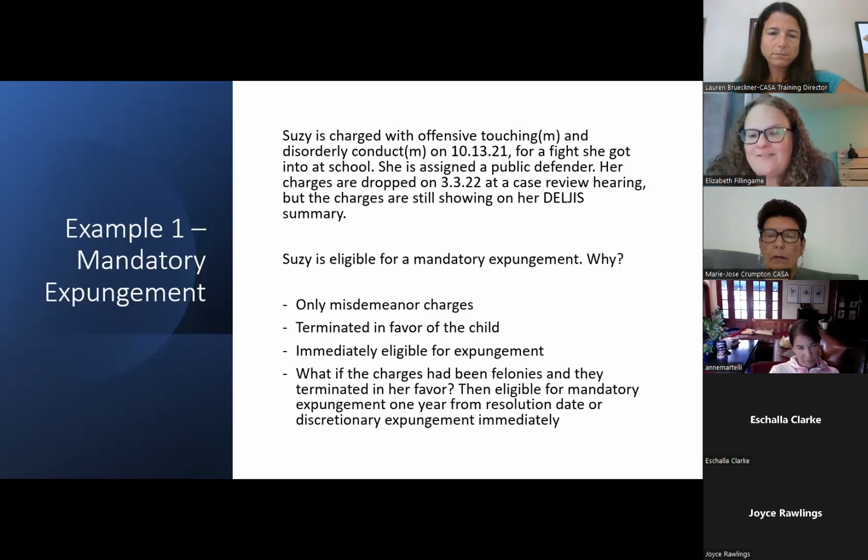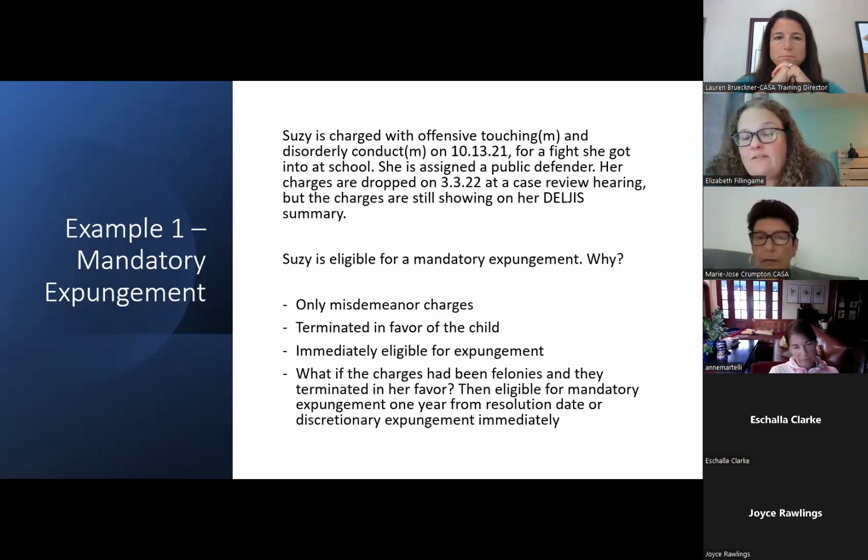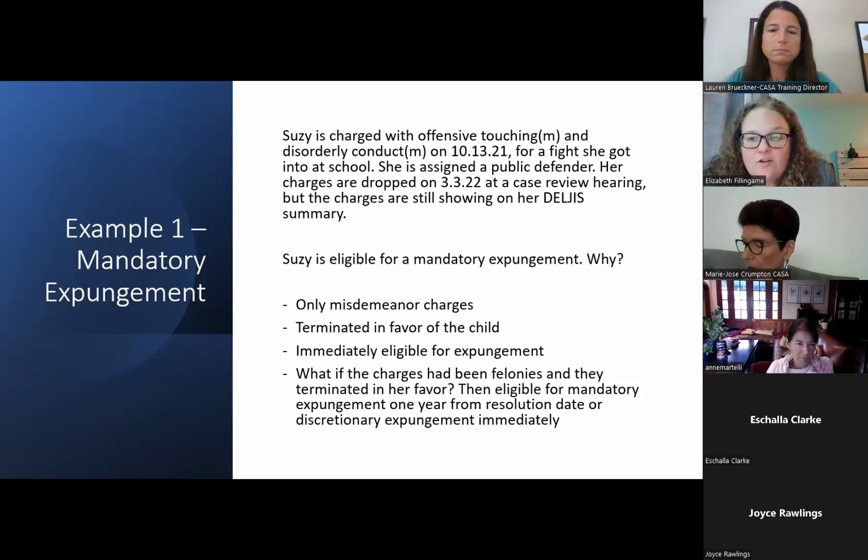Would you oppose it? And if they say they won't oppose it, then we may just go ahead and file that discretionary. If they tell us they're going to oppose it, we may still file it anyway and fight it, or we may decide it's not worthwhile to fight that and to just wait the year, depending on what the specific situation is.